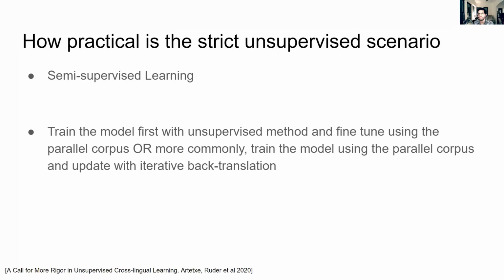Another question to ask here is, we started with the assumption that you don't have parallel data, but how practical is that scenario? Are there really cases where you don't have any parallel data? There are some cases like that, but for those cases, you also don't have monolingual data to build anything.